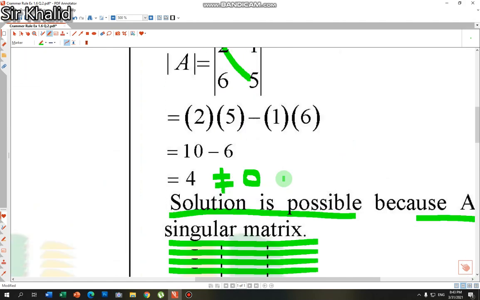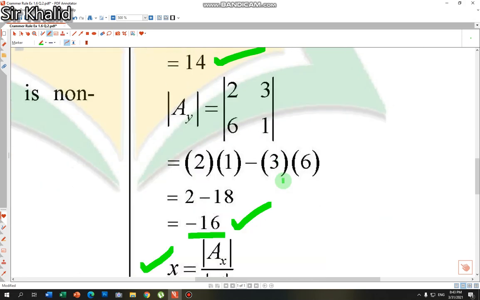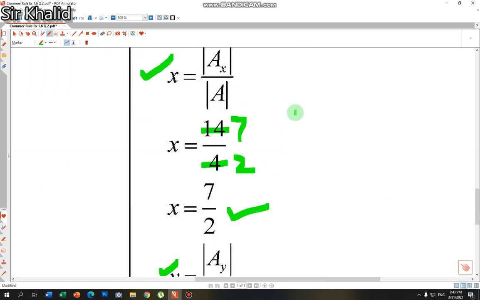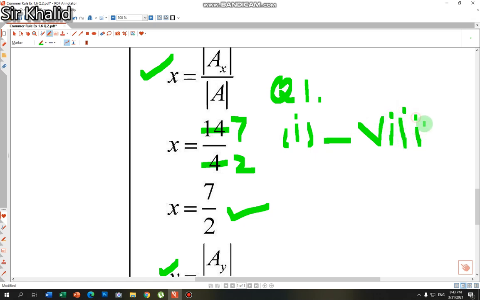All the questions in this exercise, from problem 1, question number 1 to 8 parts, you can easily solve with the help of this method, but note that the answer will be the same for both the methods.